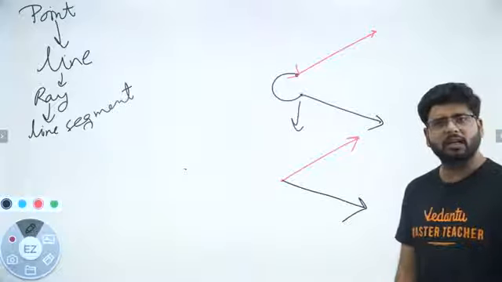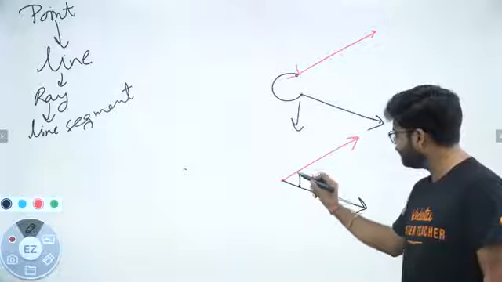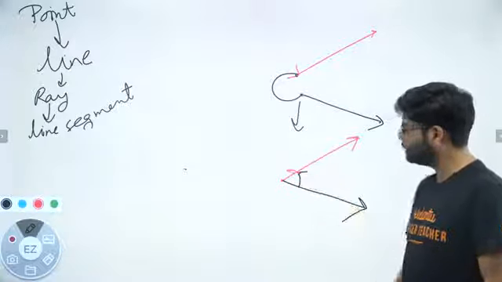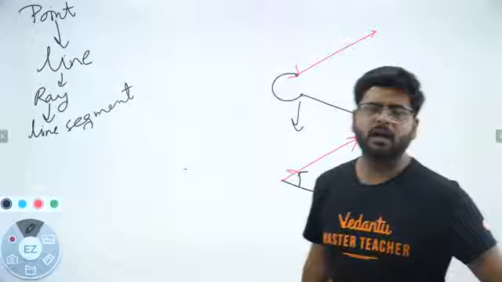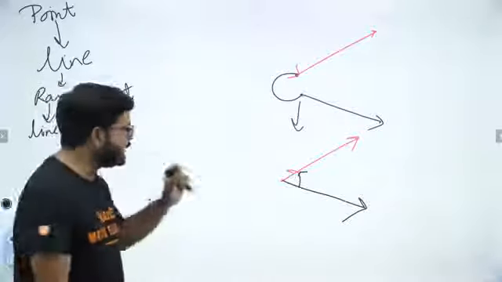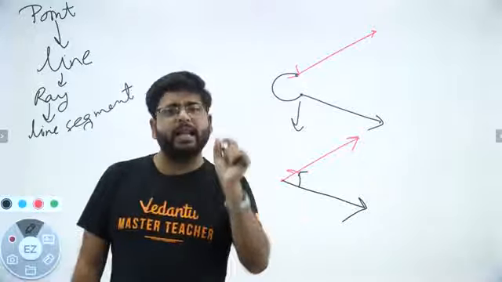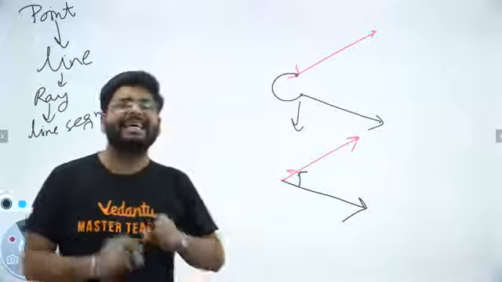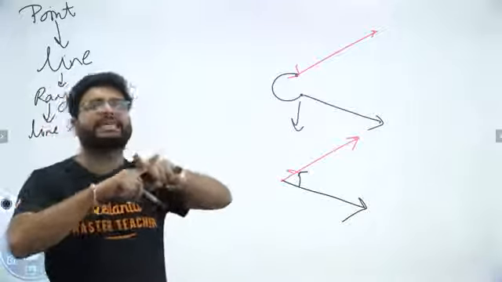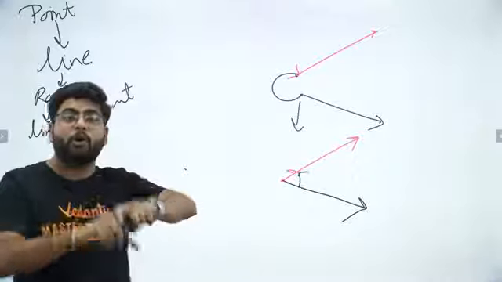So what have we got? We have got an angle. This is an angle. So what is an angle? We can say that an angle is basically a figure formed when two rays are joined to each other in such a way that they share a common endpoint.